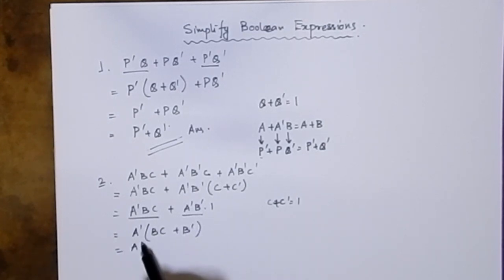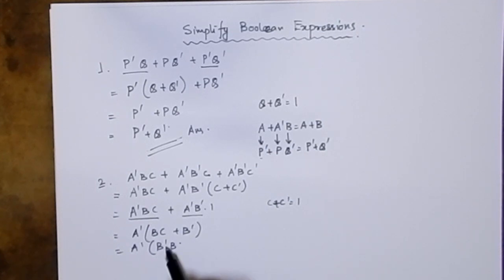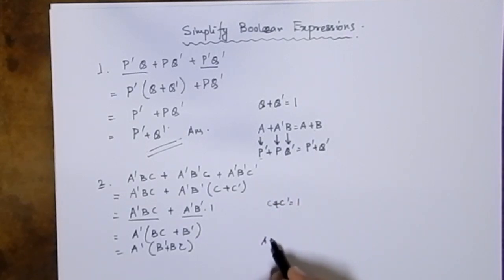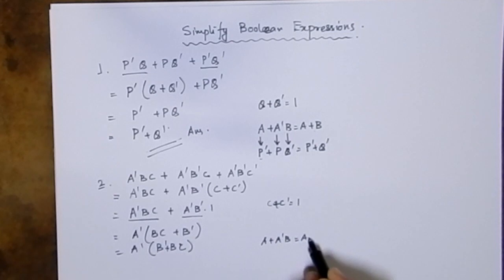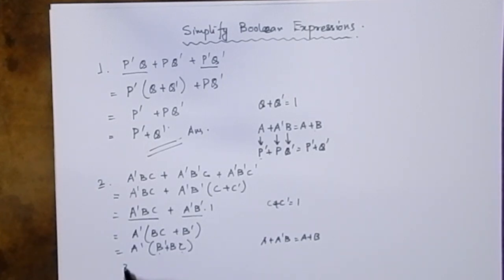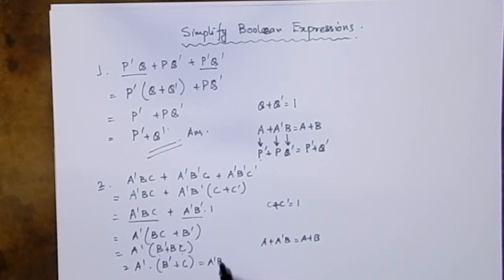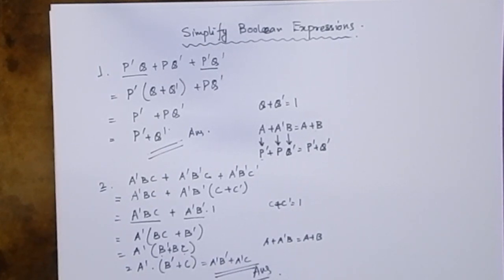If we write this a little the other way round, am I not getting this again, that A plus A dashed B is equal to A plus B, where in this case this is A and this is B, so I can get A dashed (B dashed plus C), which is equal to A dashed B dashed plus A dashed C. So you can claim this to be the simplified expression of the question.